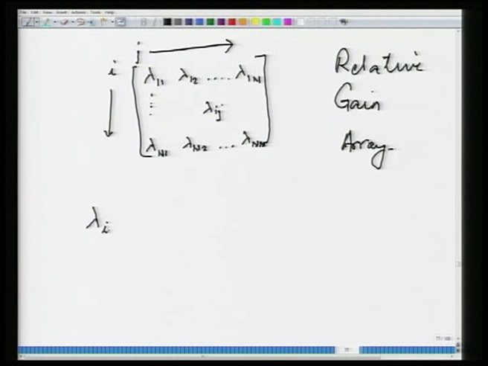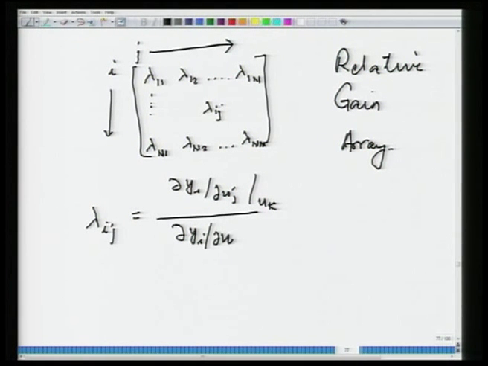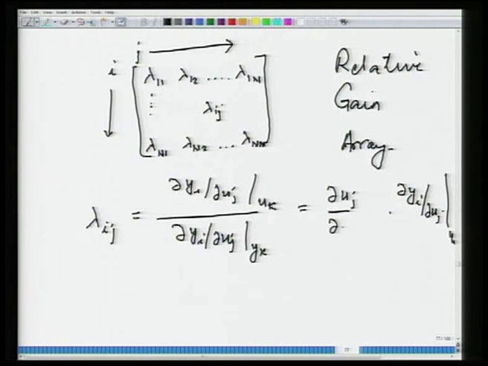How do I calculate the relative gain array? Well, if you look at lambda ij, it is equal to dou yi by dou uj where all the other u's are held constant divided by dou yi by dou uj where all the other outputs are held constant, which is the same as dou yi by dou uj with uk constant times dou uj over dou yi, all other outputs are held at their set points.